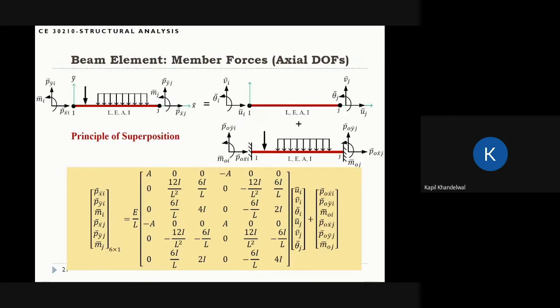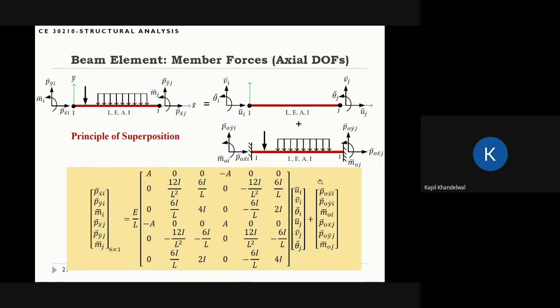Again, for the beam, if we want to consider the member effects and the equilibrium, we have to consider the fixed end forces due to whatever loads are acting on the member. Then you have to get those fixed end forces and add them to the forces due to displacements. So total forces are forces due to displacements plus the fixed end forces due to whatever the member loads are.